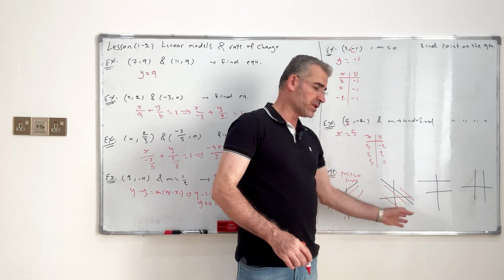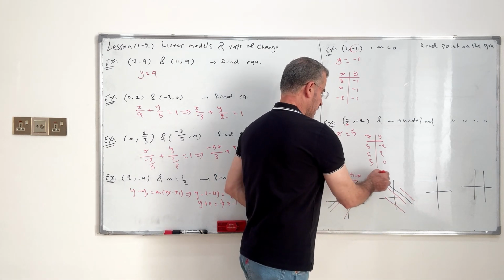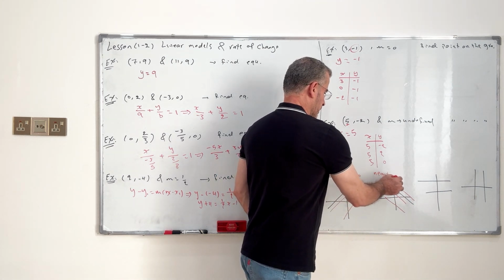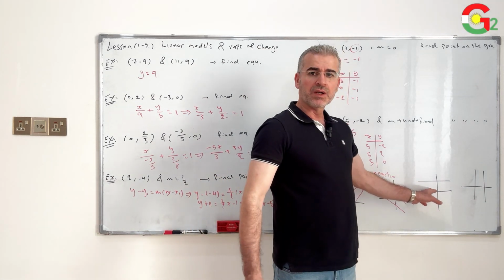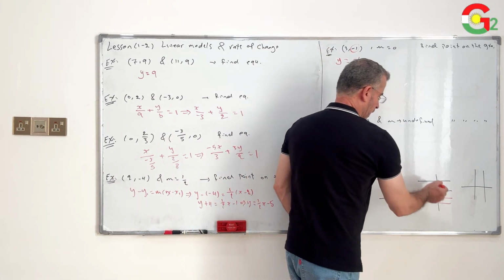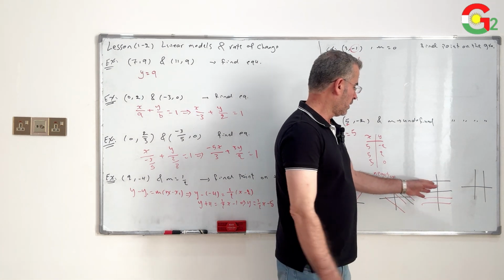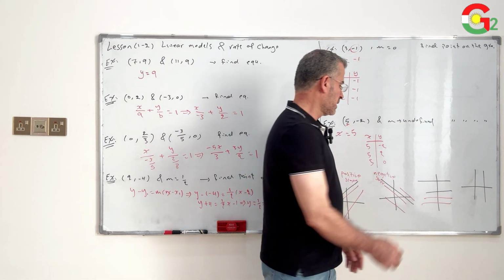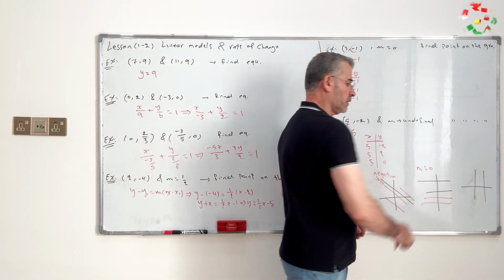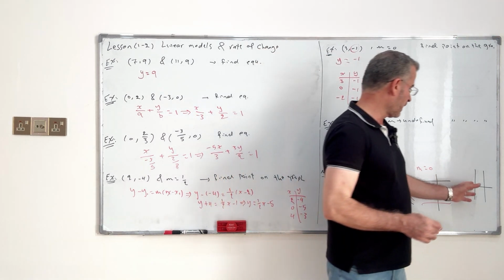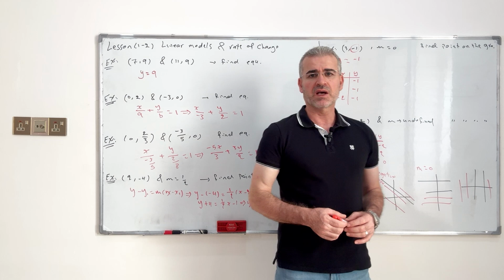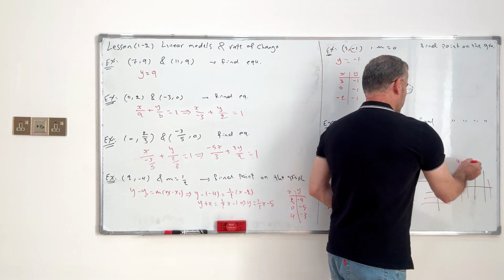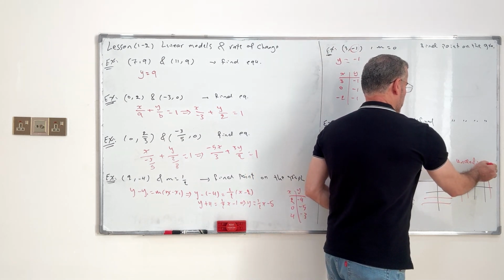A line that takes this direction has negative slope. A horizontal line, any horizontal line above or under the x-axis, has a slope of m = 0. And any vertical line, to the right or left of the y-axis, has undefined slope.